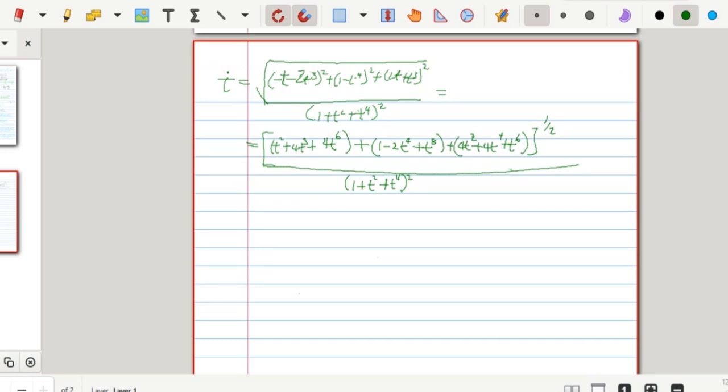We're gradually getting to a conclusion here. So let's simplify this bracket here, this numerator.